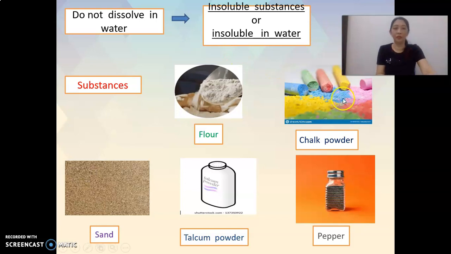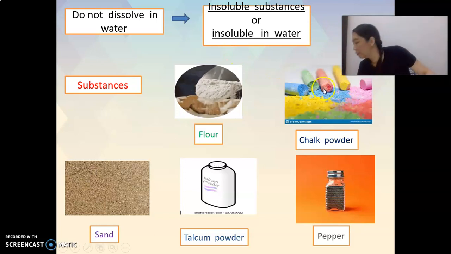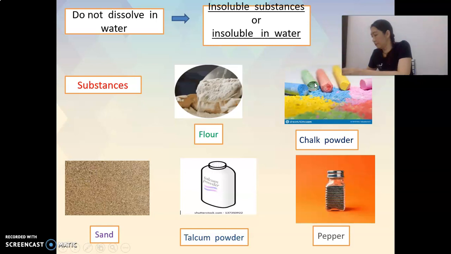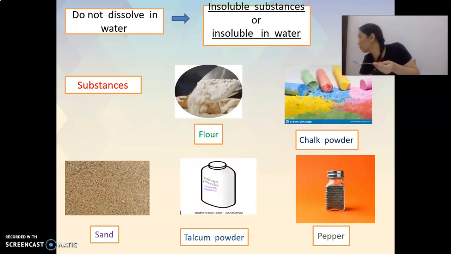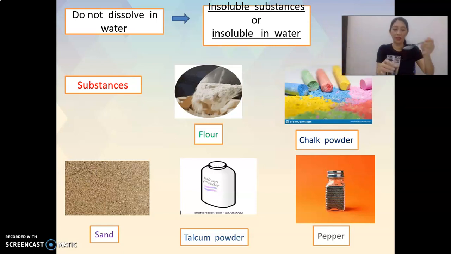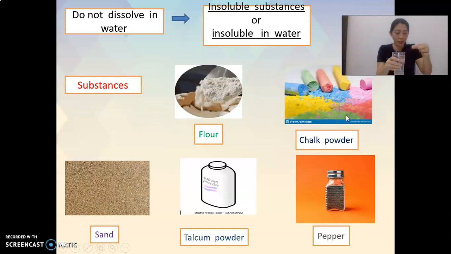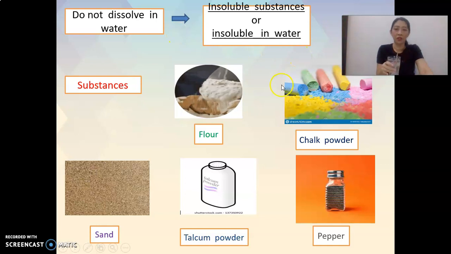So number 2 is chalk powder. So chalk powder is, I don't have example. When you add it into water, then stir, the chalk powder does not dissolve in water, insoluble in water. And next is sand.